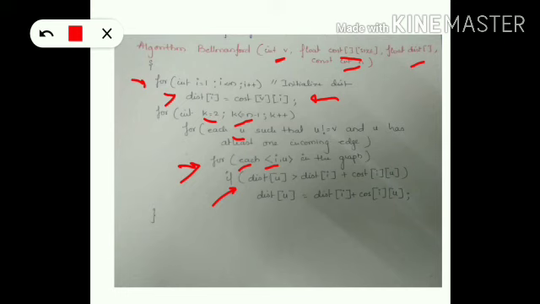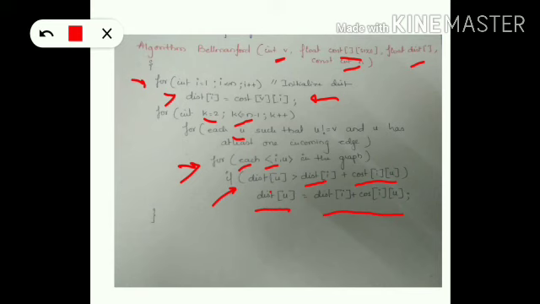If it is greater than the distance of an edge coming from source to vertex i plus the cost of an edge going from vertex i to u, then you replace the value of distance of u with dist of i plus cost of iu, right?